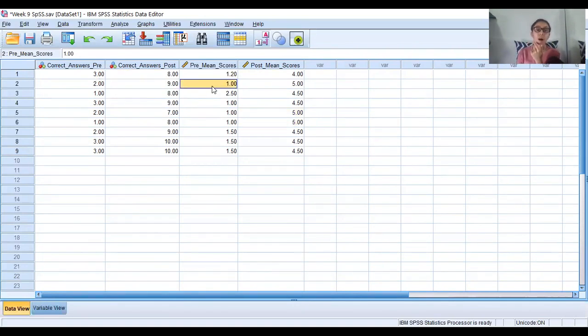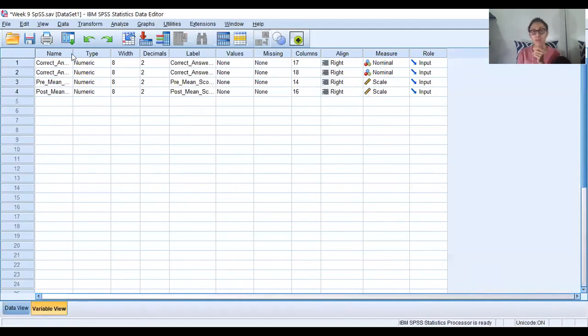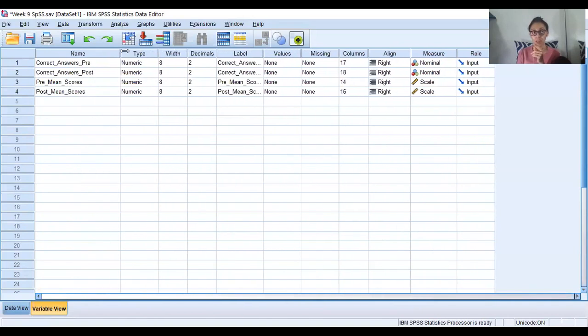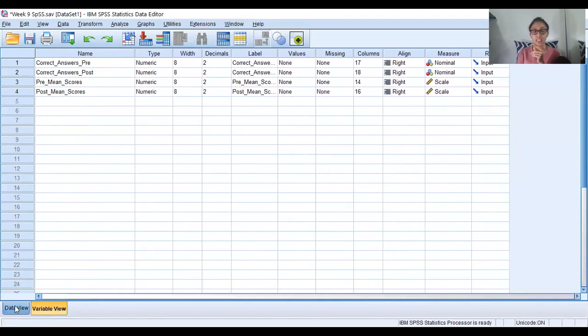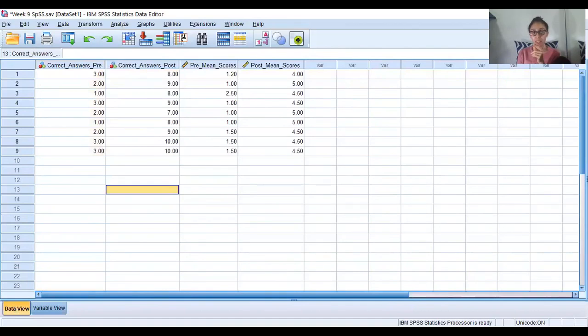Okay, so now how do you do a paired sample t-test? Before I show you the analysis, I'll just show you how I came up with all of these writings over here. This is what I'm saying: on YouTube, how do you do data entry in SPSS? Basically, these numbers which you have, see, I'm pressing data view.